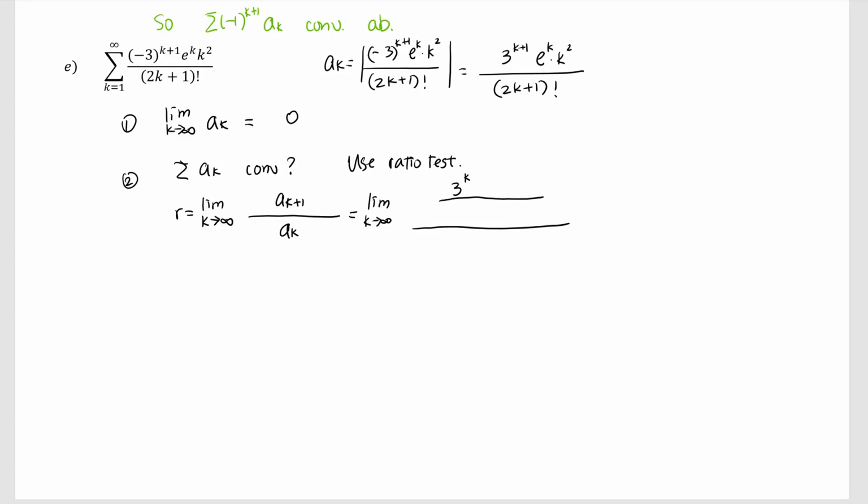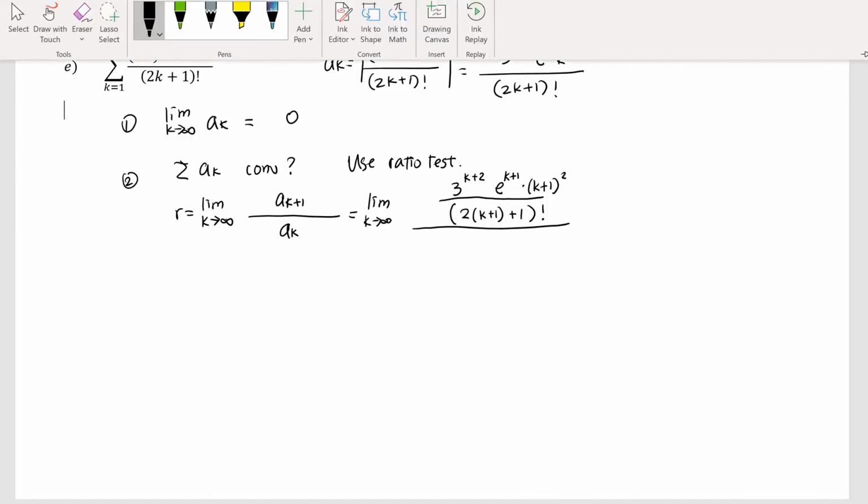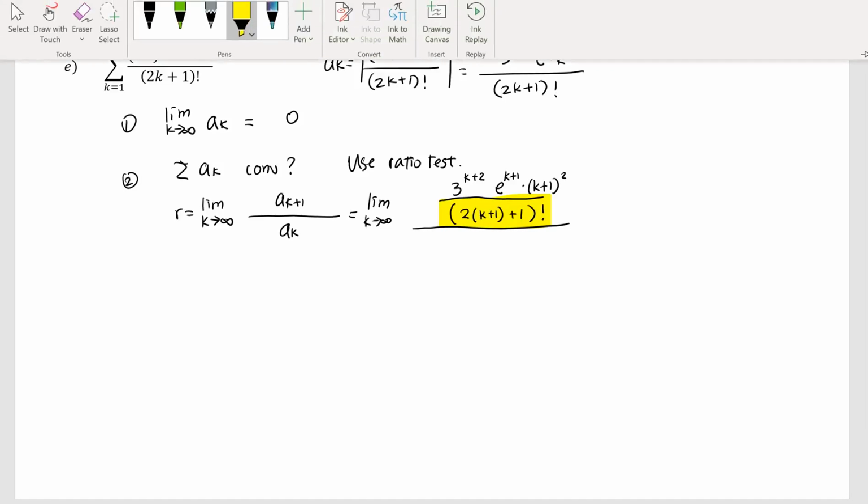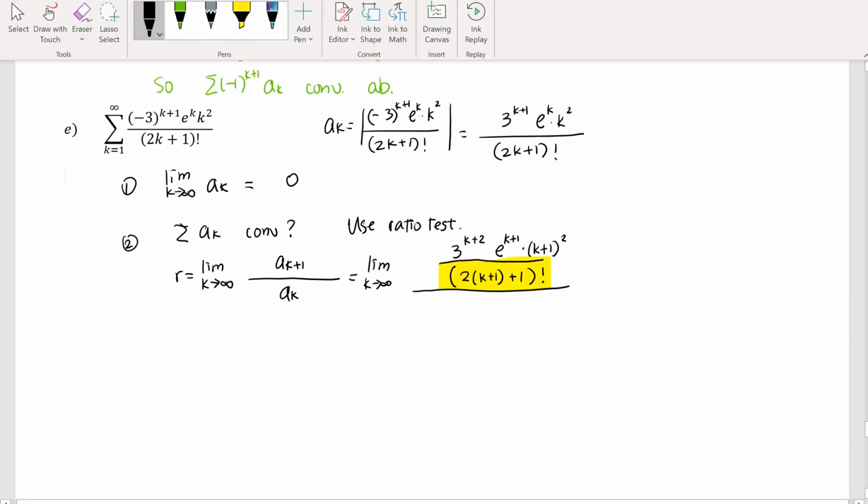Then k plus 1 becomes k plus 2, and e to the k plus 1, k plus 1 squared. Here, 2 times k plus 1 plus 1. So don't forget the parentheses. This is so important. Okay, everybody? Alright.